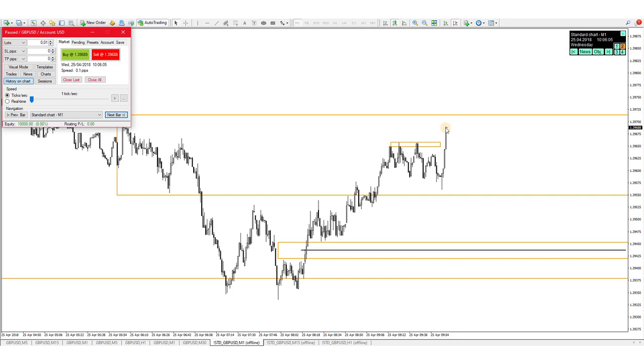But I also need to see first a break of structure and a really powerful bearish move to join them. I cannot predict now, because predicting is gambling. I want to react to what I see. Now I see bullish movement, so I cannot just put a sell position.